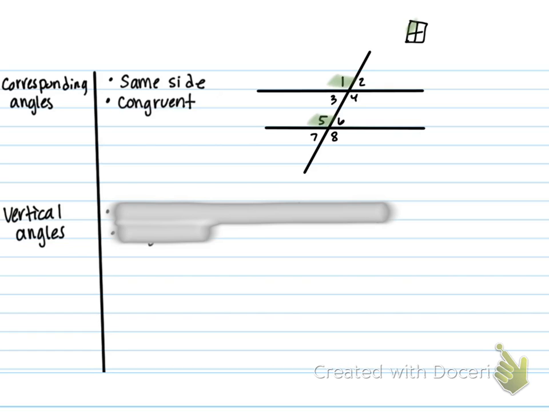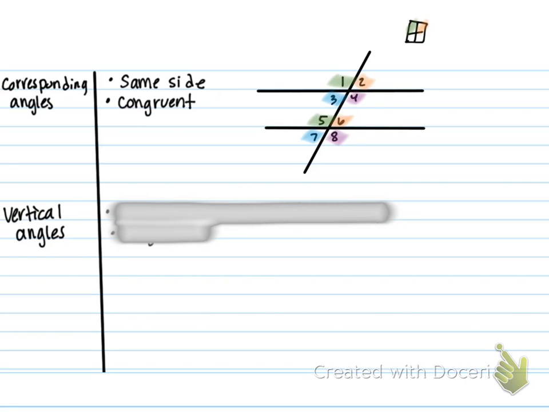Other corresponding angles are 2 and 6, because if we box it up like this, they would be in the same part of the box. The other corresponding angles, let's do blue, will be 3 and 7, and the last corresponding angles will be 4 and 8.